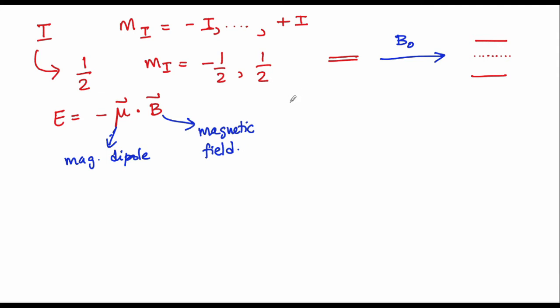In the field of NMR spectroscopy, we would be referring to the magnetic field that is applied as external magnetic field B0, and we will take the direction of application of this field along the z-axis. If you would like to know why, you might remember the representation of the angular momentum operator is the simplest along Lz, in this case Iz.